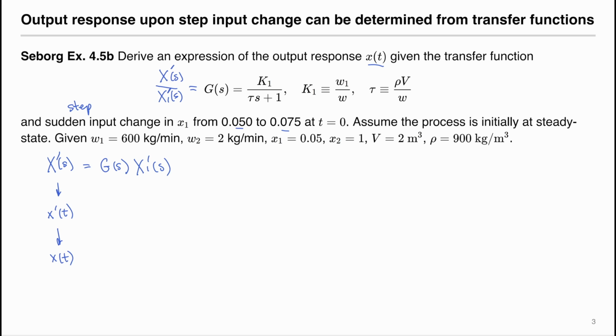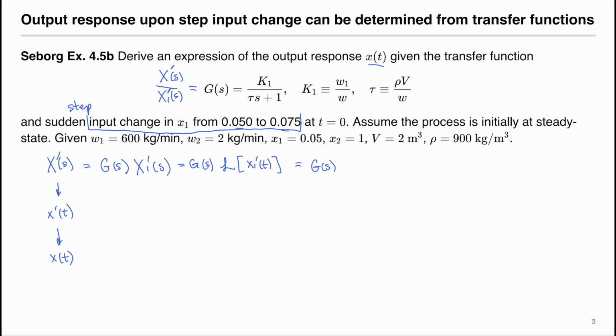We already know the transfer function. What is X1 prime of s? It is the Laplace transform of x1 prime of t, which has a step input change from one value to another. So it is a constant step increase.